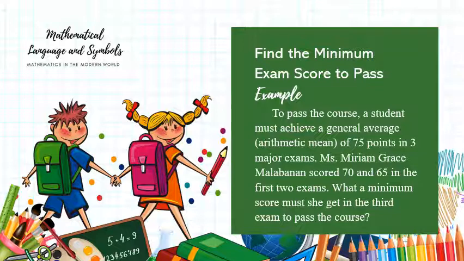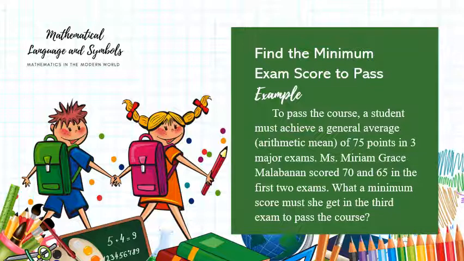To pass the course, a student must achieve a general average or arithmetic mean of 75 points in three major exams. Miss Miriam Grace Malabanan scored 70 and 65 in the first two exams. What minimum score must she get in the third exam to pass the course?